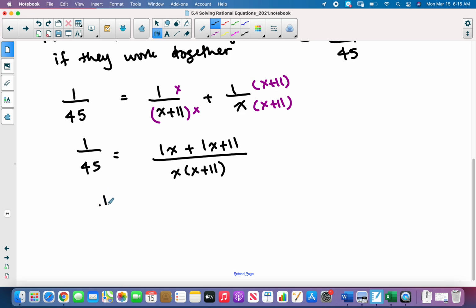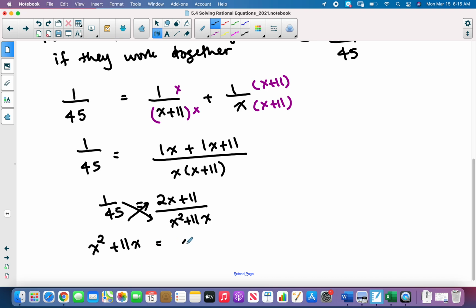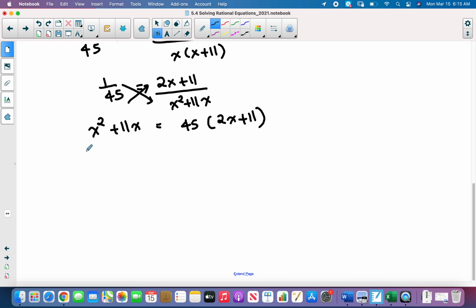So 1 over 45 equals 2x plus 11 divided by x squared plus 11x. I'm going to cross multiply, and I get x squared plus 11x equals 45 times 2x plus 11. So that works out to x squared plus 11x equals 90x plus 495. I'm noticing that I'm coming up with a quadratic equation here.